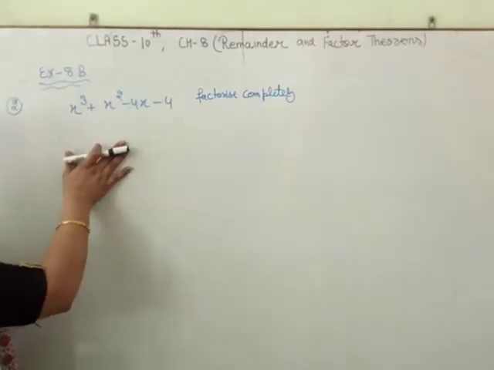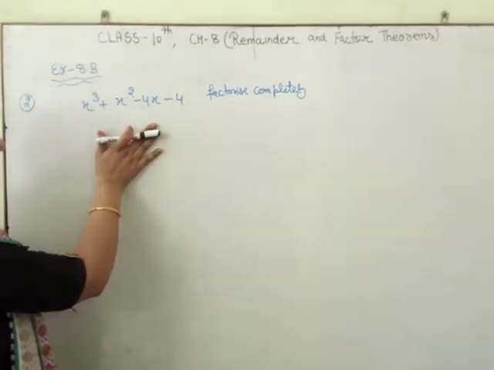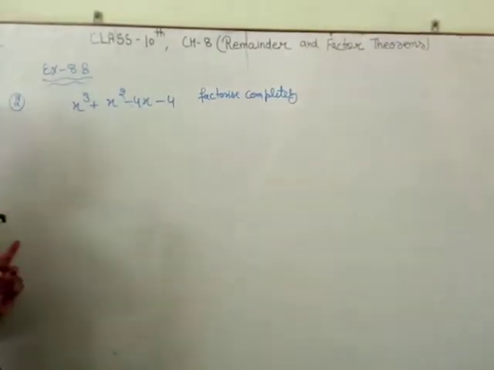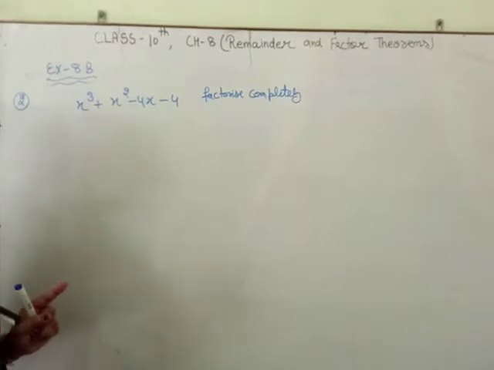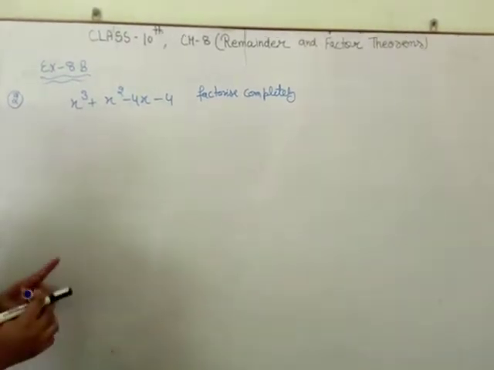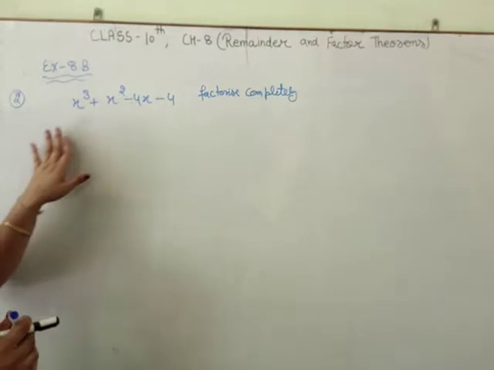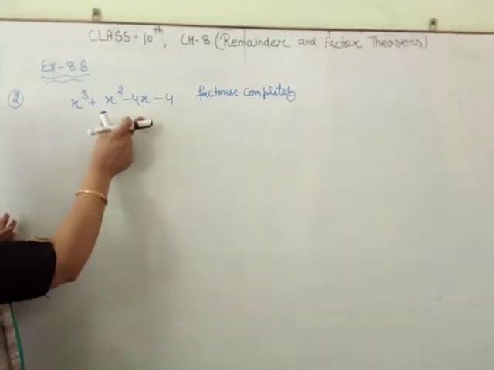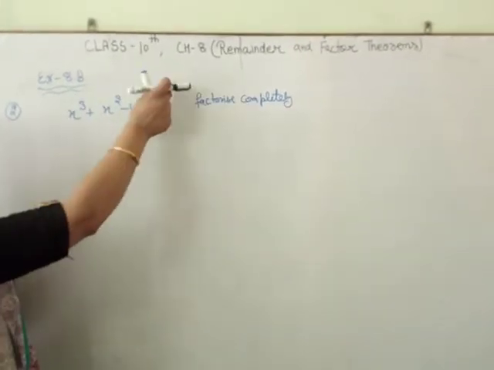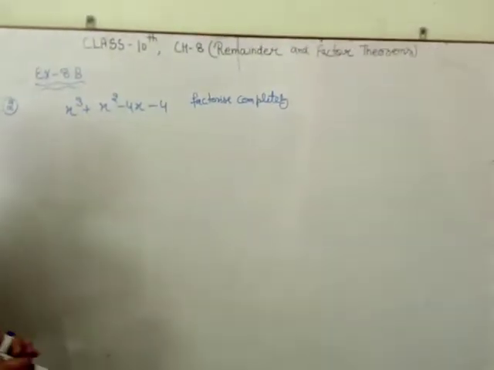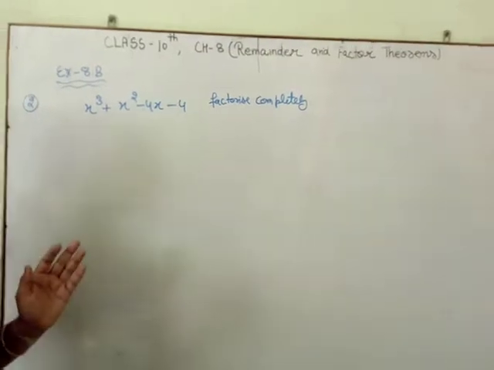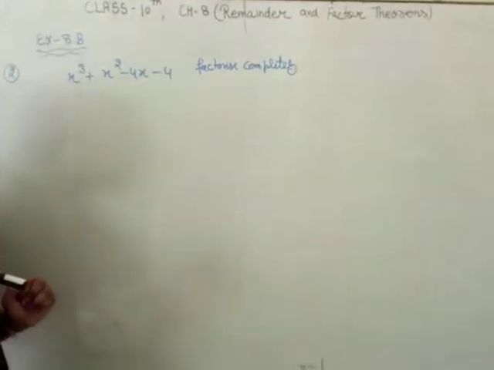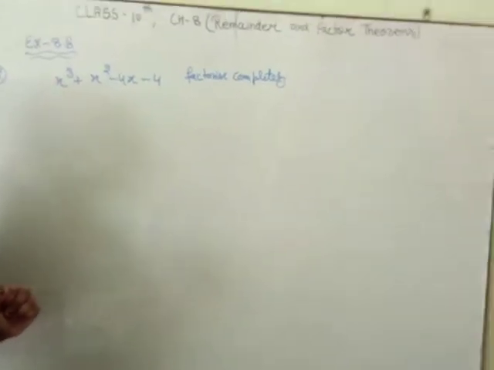So if we find the factors of this expression by remainder and factor theorem, then we find the first factor by trial method. There is no factor given. Student, if any one factor is given, then we divide by that factor and factorize the quotient. Okay, but if there is no factor given, then we find one factor by trial method.